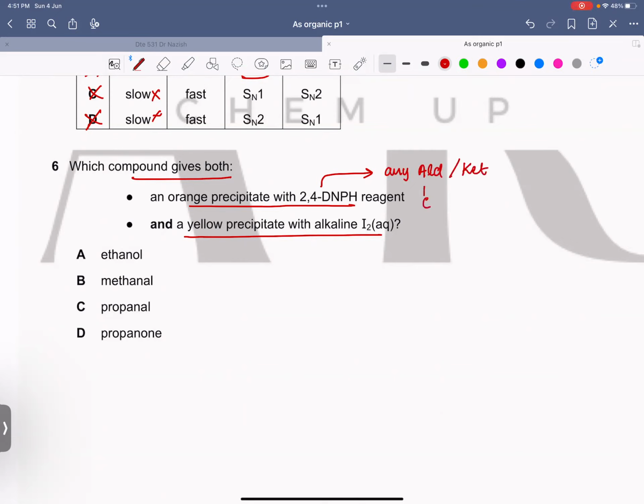For an aldehyde, the structure must have a C double bond O, and that carbon must be bonded with a hydrogen on one side. And for a ketone, there must be a C double bond O, and on both sides there is a carbon.